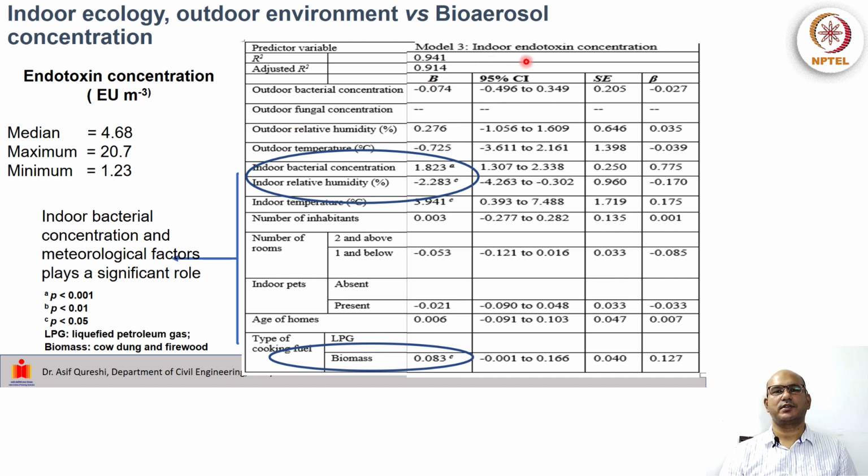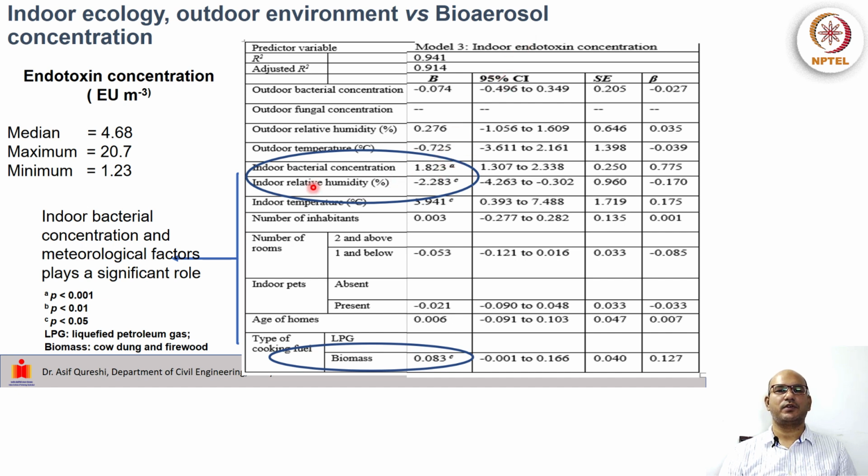These indoor endotoxin concentrations were positively correlated with the indoor bacterial concentration, negatively correlated with the relative humidity indoors, and positively correlated with the biomass. Endotoxins are basically released from the outer cell wall of bacteria. So if we have more bacteria, we will have more endotoxins. So there was a positive correlation.